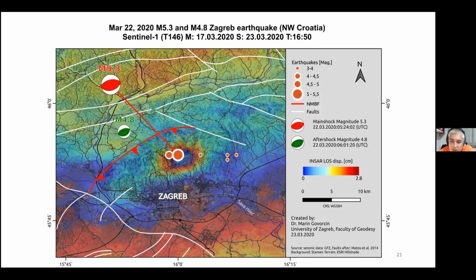With different colors, in the range from blue to red, the displacements are shown.